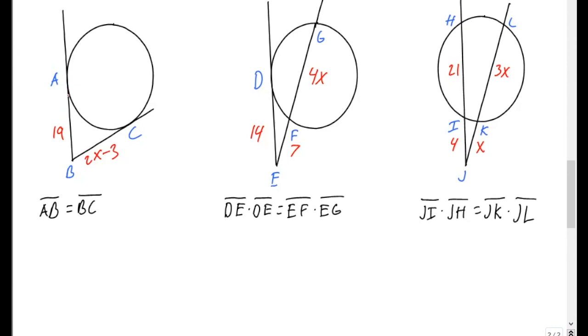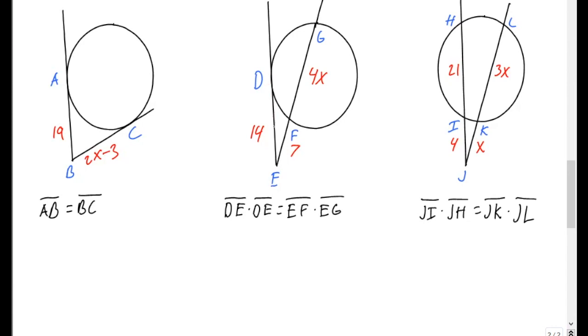So in this case, AB is going to be equal to BC. That is always true. In the second one, if you have a tangent and a secant, the tangent intersects at one point, the secant intersects at 2 points. And again, they have to both be coming from the same point.